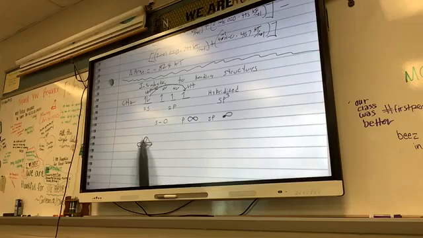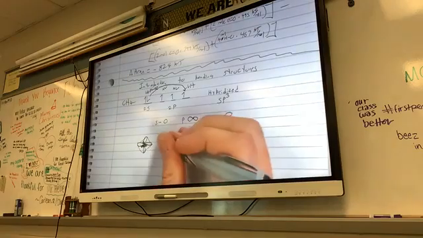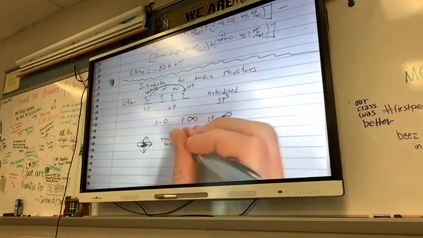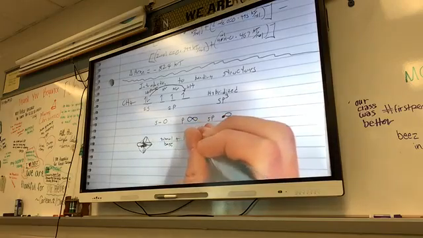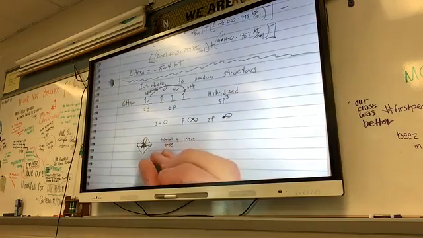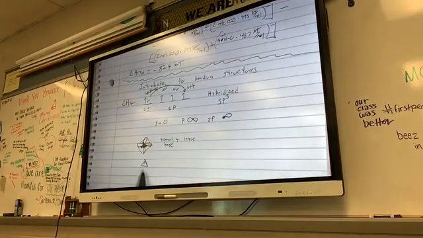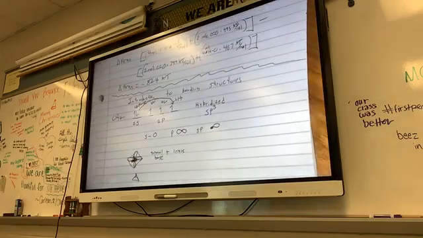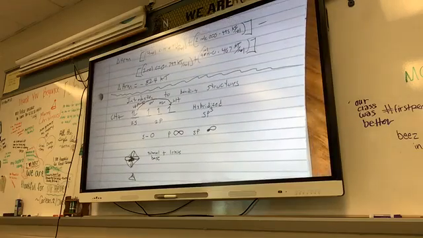So there's a trigonal base, plus there's one rising. I can't draw 3D. And then there's one coming up here, kind of like that. It's like a triangle base.